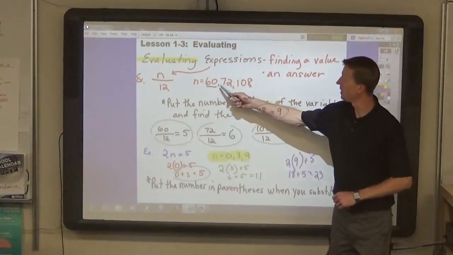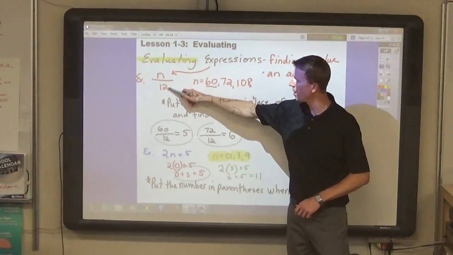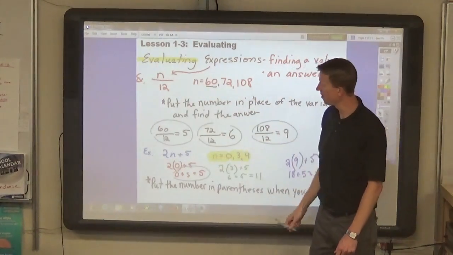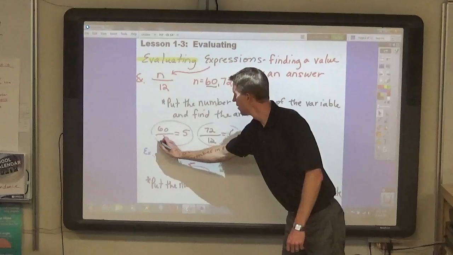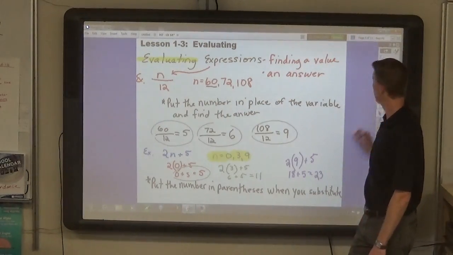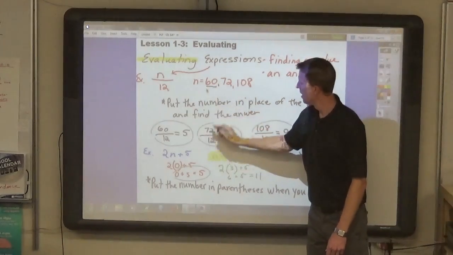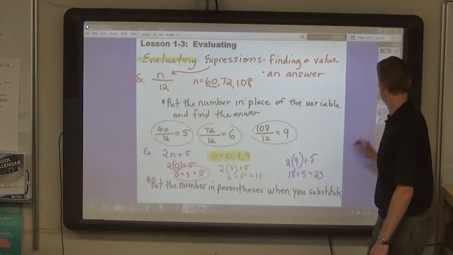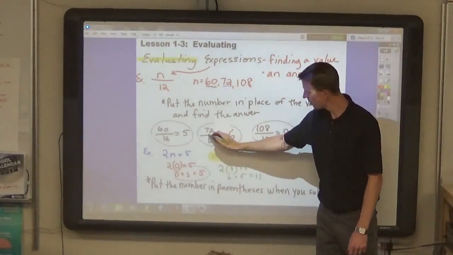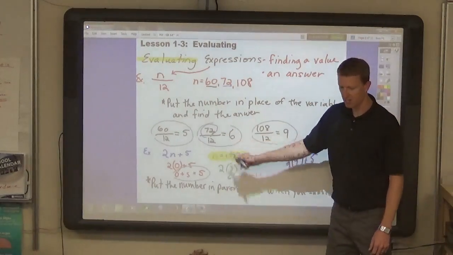So look at this first example. If we're starting with the variable expression n divided by 12, and we put 60 in place of n, then this is what we end up with: 60 divided by 12, which is 5. And then if we put in the next number, 72, you will get 72 divided by 12, which is 6.